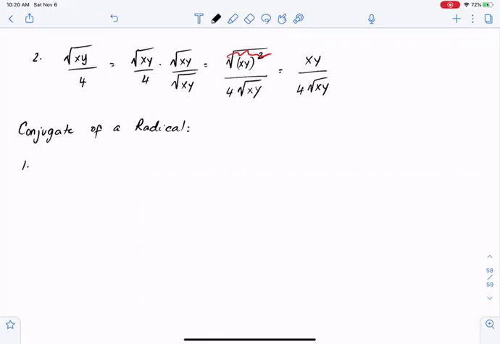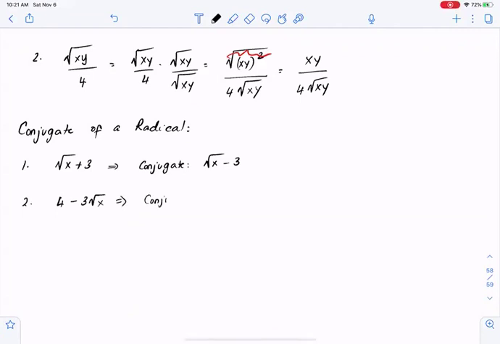So what is the conjugate of square root of x plus 3? We have a radical expression and a number. So the conjugate here is square root of x minus 3. In a similar manner, suppose we have 4 minus 3 root x.